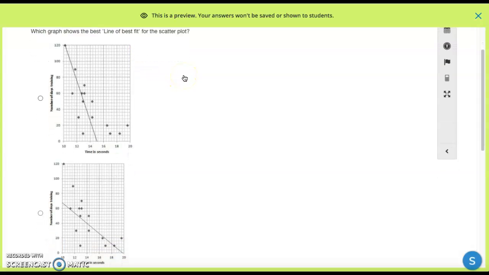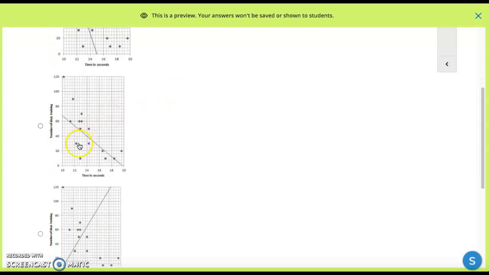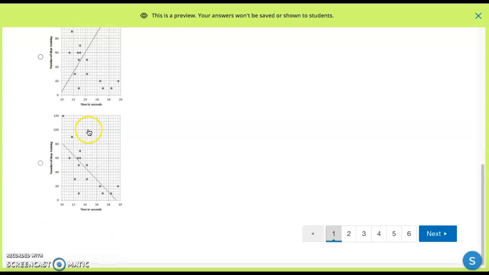Just make sure you have equal number of points on each side of the line. This is 1, 2, 3, 4, 5, 6. 1, 2, 3, 4, 5, 6. That doesn't look good at all. 1, 2, 3, 4, 5, 6, 7. 1, 2, 3, 4, 5. I think this is it right here.